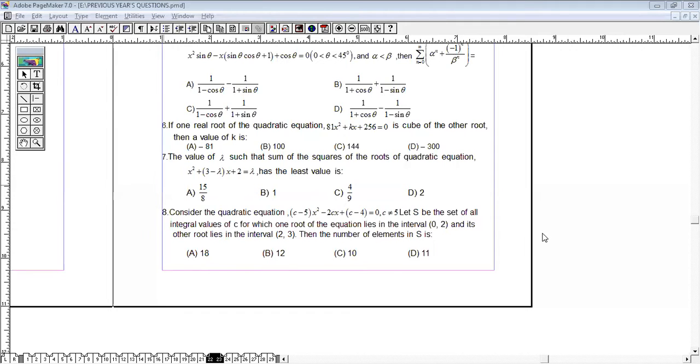Next, look at the 7th problem. What is the value of lambda such that the sum of the squares of the roots of the quadratic equation has the least value?